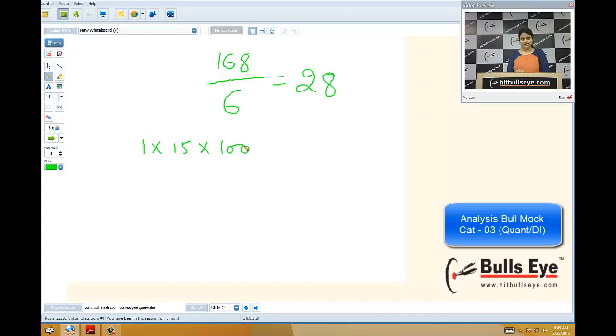1 into 15 into 100, I'm considering once again. See, what was the keyword here? Integers. What do you mean by integers? All the positive numbers as well as all the negative numbers I have to include. So one case is this 1, 15, 100 in which all the numbers are positive. I can consider this as well, and this as well.